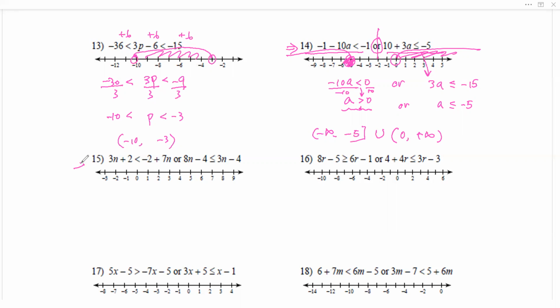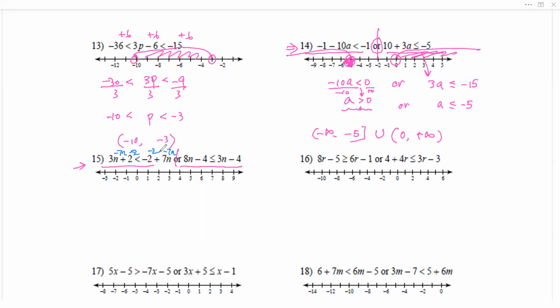Number 15. All right. So here is a little bit complicated because both sides have the variables, right? So let's see these two inequalities separately. See this part. You can do both sides minus 7n, or move to the left, both sides minus 2.